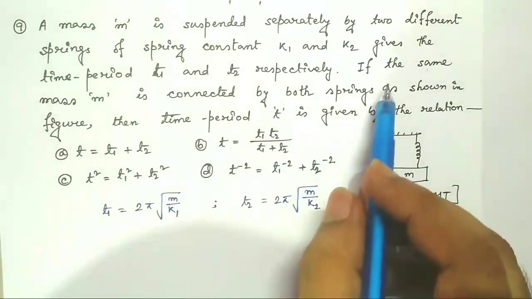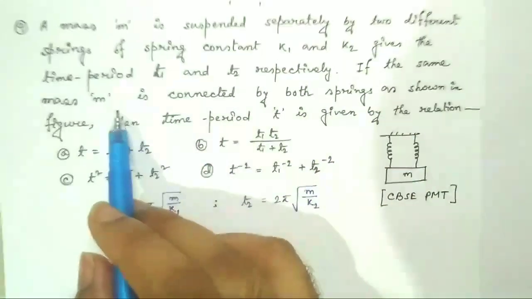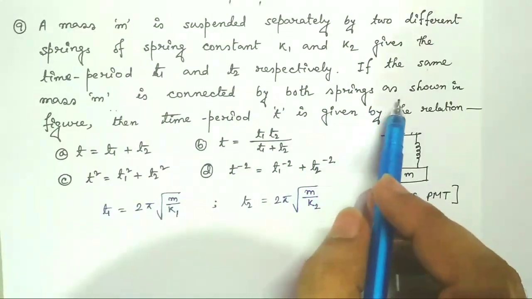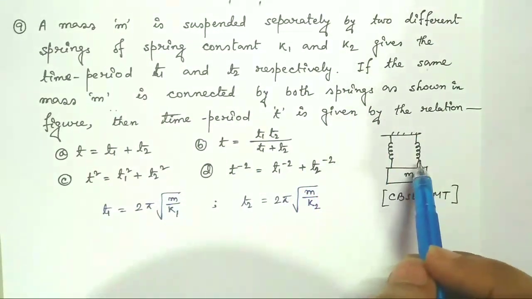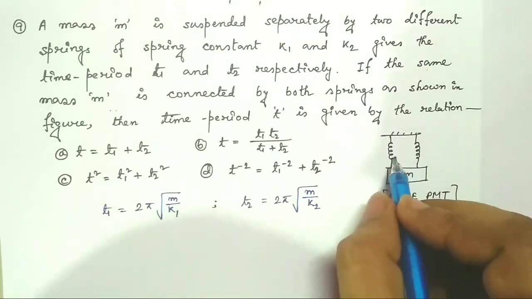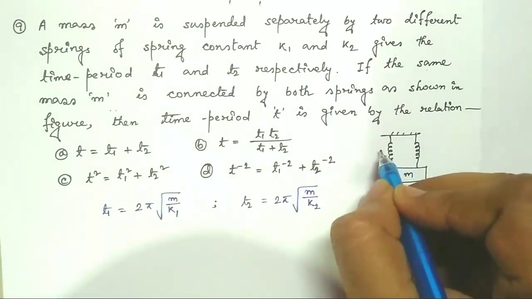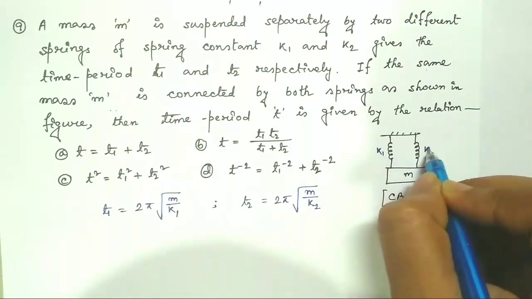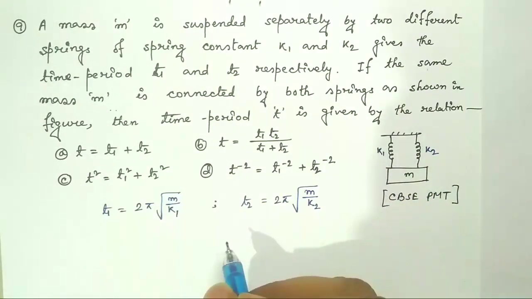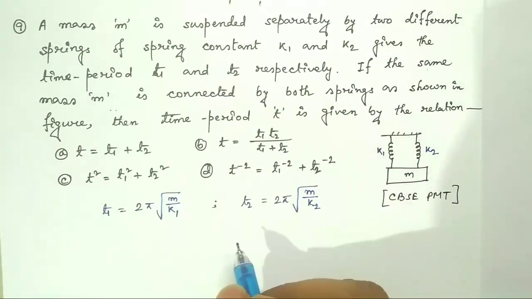Now, the question says that the same mass m is connected by both the springs as shown in the figure. In the figure, you can see that this spring constant is K1 and this is K2. These two springs are connected in parallel combination.